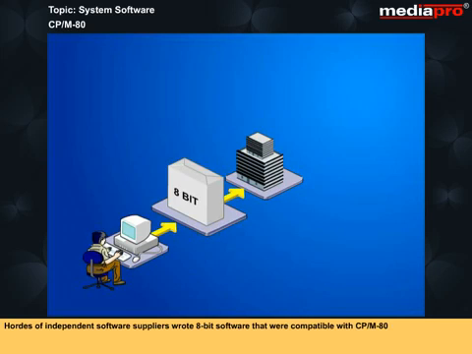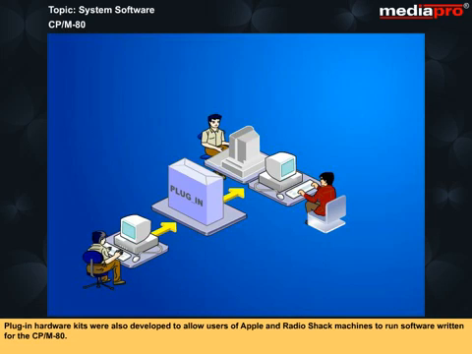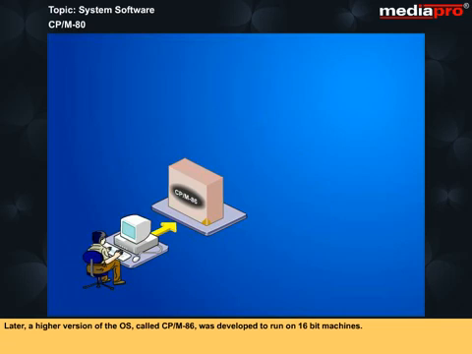Hordes of independent software suppliers wrote 8-bit software that were compatible with CPM80. This wealth of available software forced the developers of later 8-bit machines to make the OS available to their customers. Plug-in hardware kits were also developed to allow users of Apple and Radio Shack machines to run software written for the CPM80. Later, a higher version of the OS, called CPM86, was developed to run on 16-bit machines.